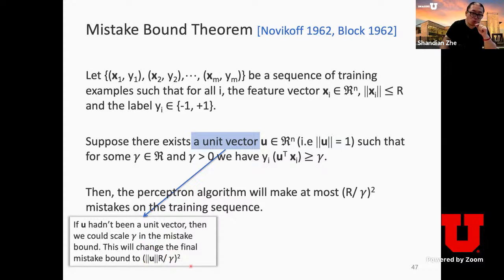So the final bound will be the norm of u times R over gamma, squared. In our next homework, you might be required to prove this more general version without the unit vector assumption, and derive what kind of mistake bound you get. Okay, so far, any questions in understanding what the mistake bound theorem delivers?